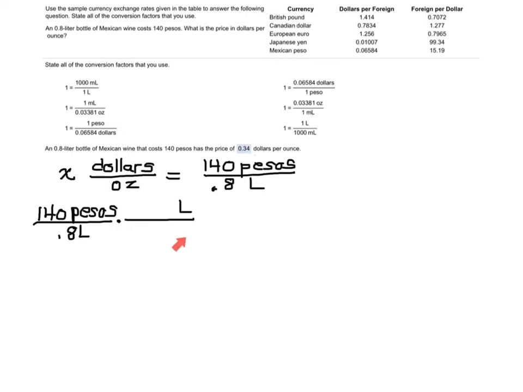So when I look at my volume, I need a unit conversion factor where liters are in the numerator, and that occurs right here. This is the only one that has liters in the numerator. So let's use that one.